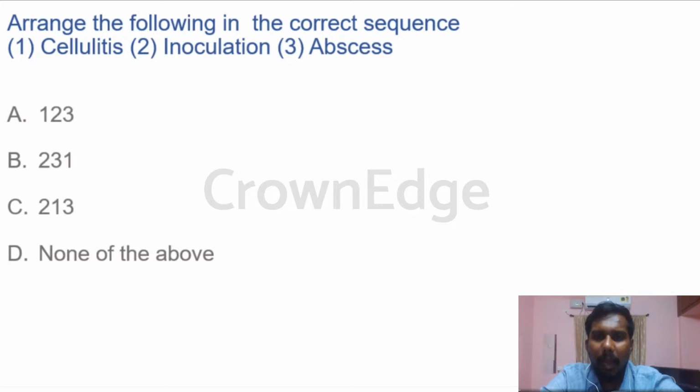Similarly, the bacteria also undergoes inoculation. Then it goes into a stage of cellulitis, and in the third stage it will go to the abscess stage, where pus will be present and we can drain the pus out.